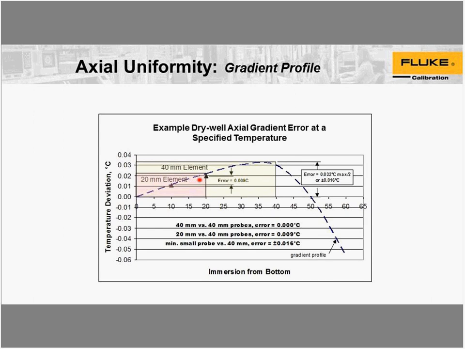Look at the integrated value over that distance. It comes out here somewhere, whereas if we're looking at the integrated value of the 40 millimeter element, it would be here, and we can see that there would be a theoretical 9 millidegree difference between the two. That's a lot better than 32 millidegrees, but you can work it out further.